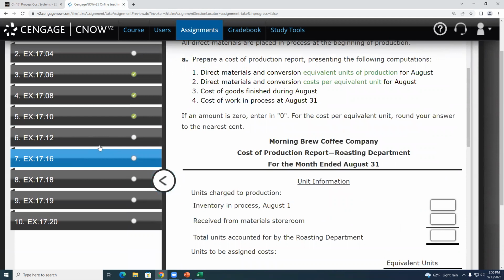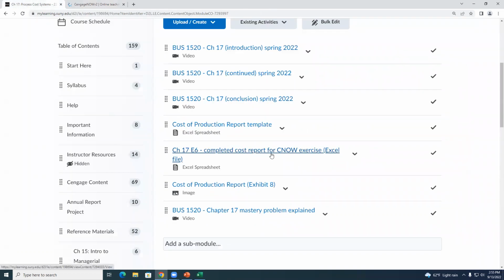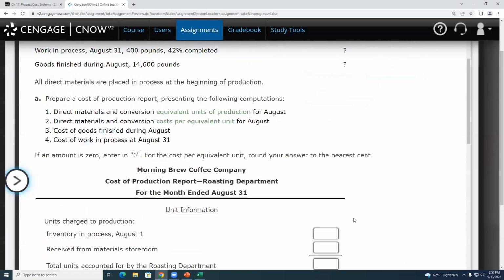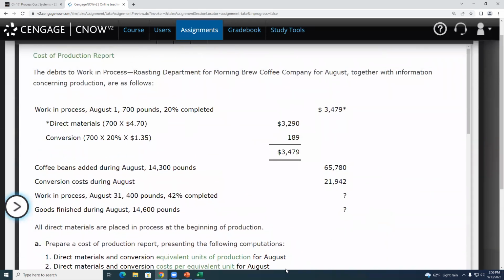Actually, in the interest of time, because I am hoping to stay on track, I'm going to skip exercise 6 for right now. You do have that resource in Brightspace. This is an Excel file and it does have formulas in it. So if you're looking at a number and wondering where it comes from, you can click on the cell to see the formula. But let's go on to exercise 7 in the interest of time.